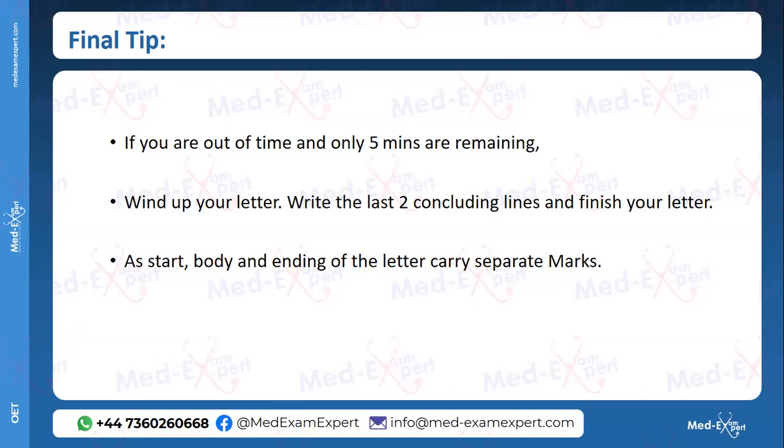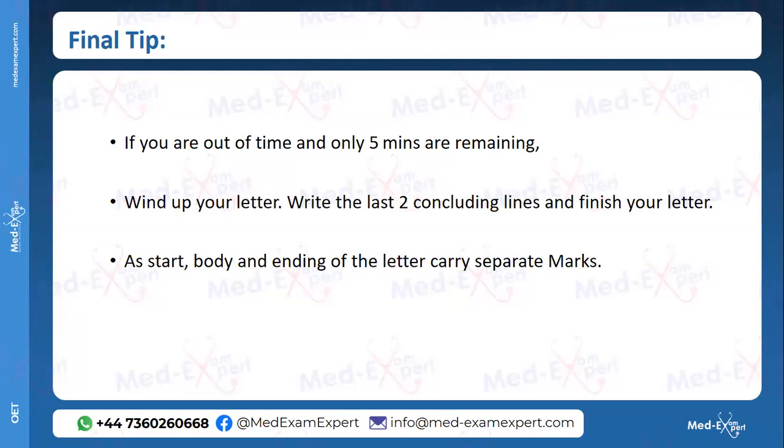But I want to inform you that every part of the letter is marked separately and carries separate marks. For example, the initial portion of the letter has separate marking, the body of the letter is marked separately, and the last concluding lines and finishing salutations are marked separately. So you have to complete everything.